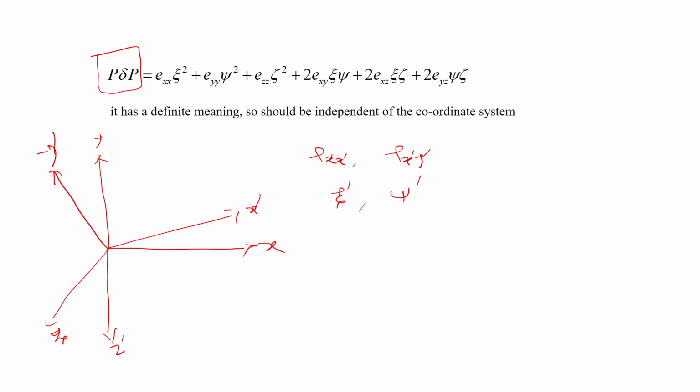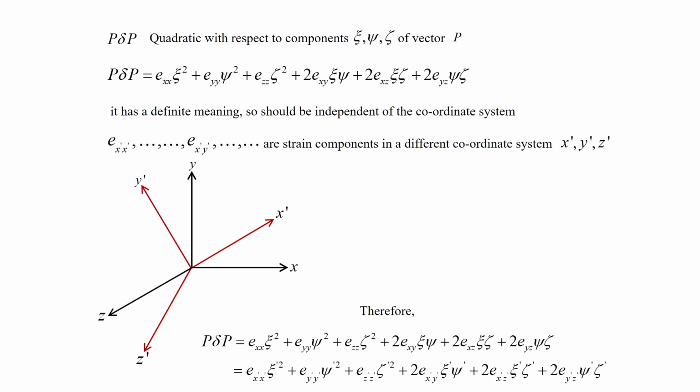So, if we have all that, then finally we will have this definition here that P delta P is equal to this, and that should also be equal to Ex'x' xi' square plus the other terms. So, this quantity should remain the same. Because of the change in the coordinates from x, y, z to x', y' and z', this left hand side cannot change.